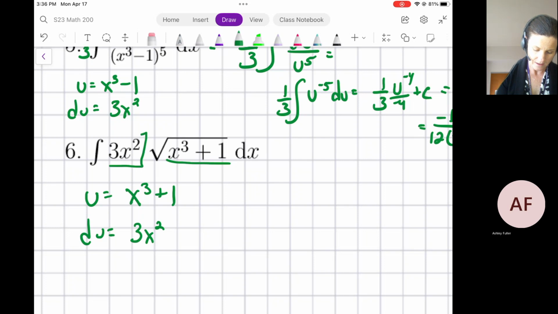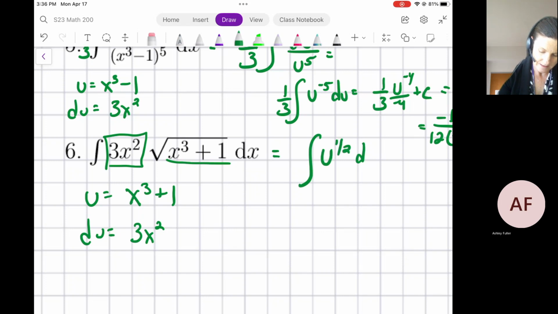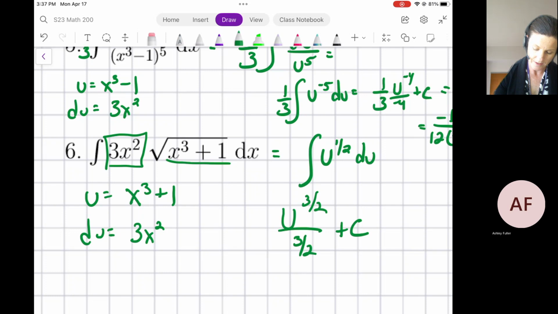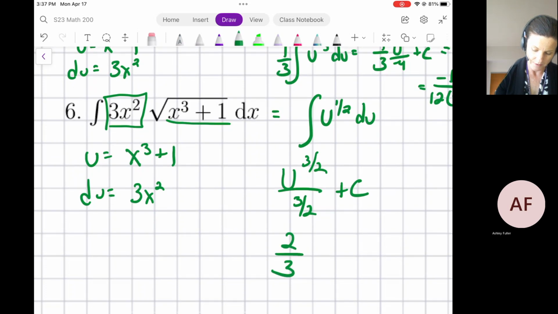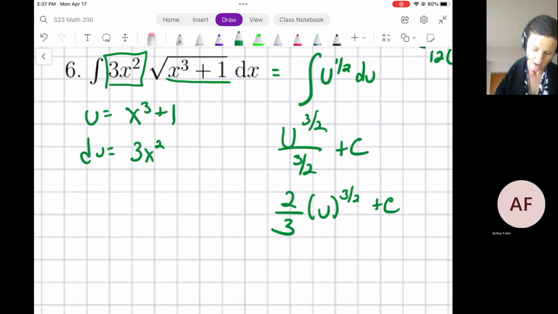We have then what we need, and so we can simply adjust this to having the integral of u to the 1/2 du. We raise this and we end up with u to the 3/2 over 3/2 plus c. Flip that fraction and we end up with 2/3 u to the 3/2 plus c.